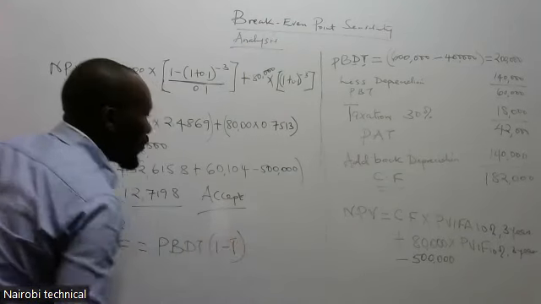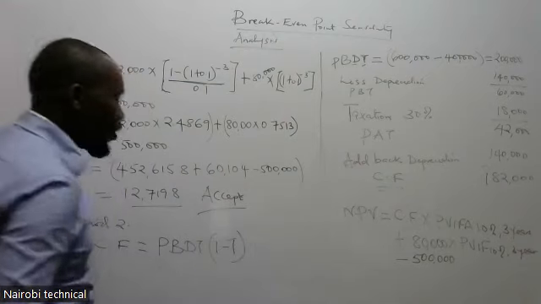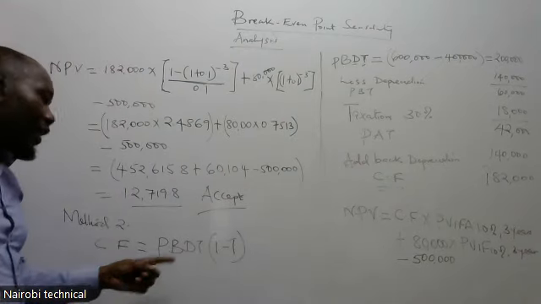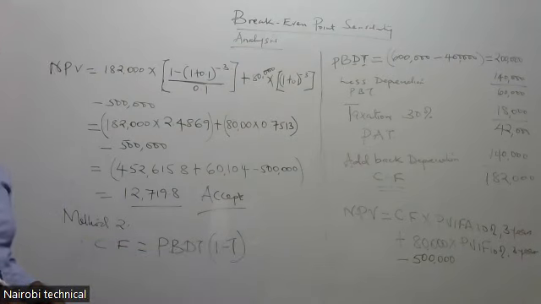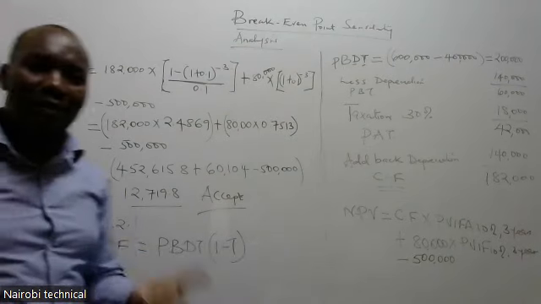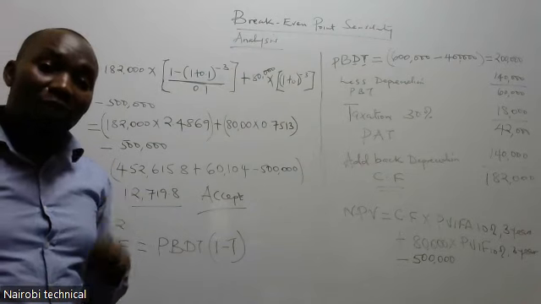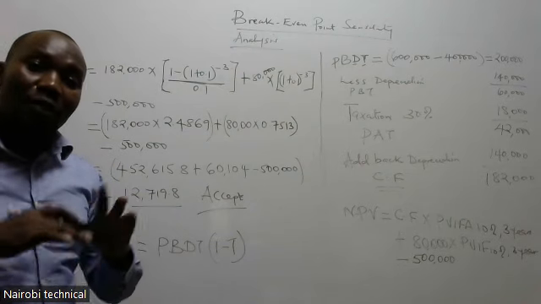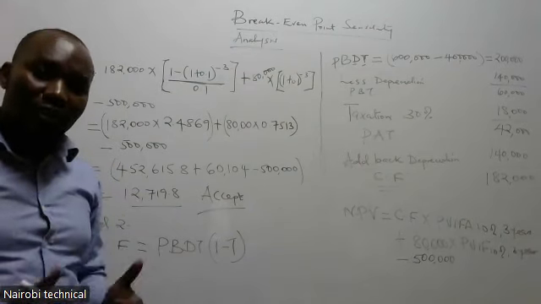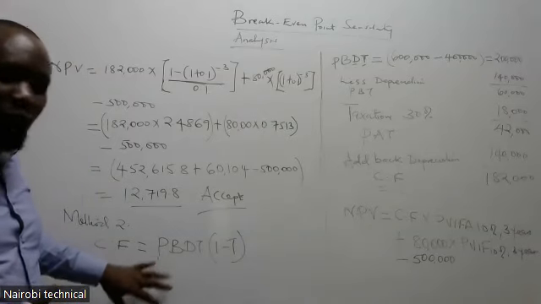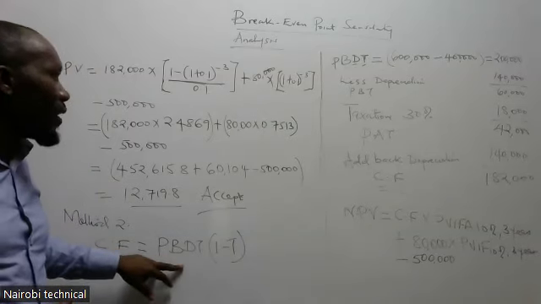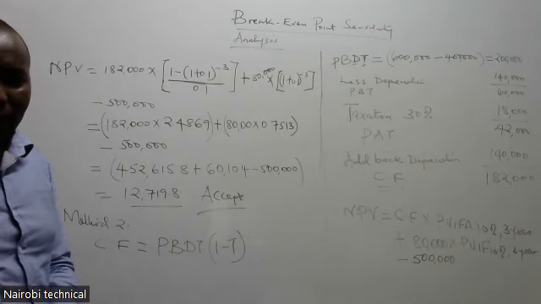That is the amount that we are remaining. Ukitoa tax, unabaki na 1 minus T, which is 70%. Si ukweli? Si tax is 30%, which is the same as 0.3. So meaning that what you're supposed to remain with is 0.7. So our value is 0.7 of this. That's what we are now calling cash flow.